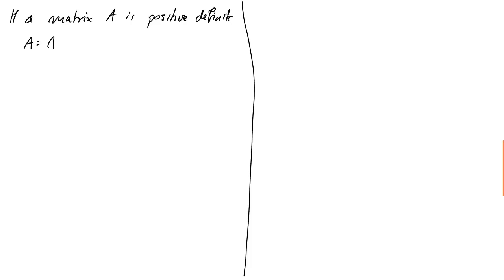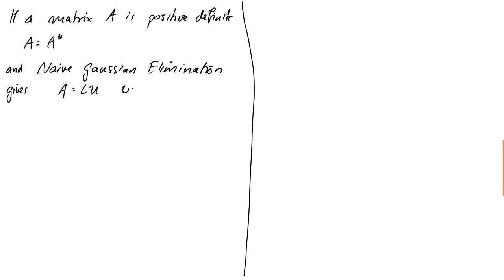We know that A is Hermitian, and one of the 4 tests we did was that naive Gaussian elimination, that's just Gaussian elimination with no scalar multiples or row swaps, gives A equals LU. It gives us a usual LU decomposition, and all the pivots, i.e. all the diagonal entries of U, are greater than 0. That's one of our properties of positive definite matrices.